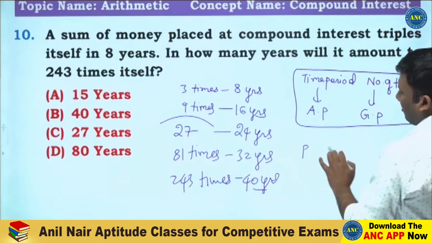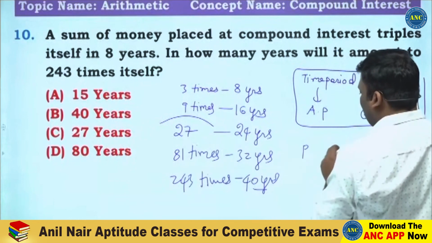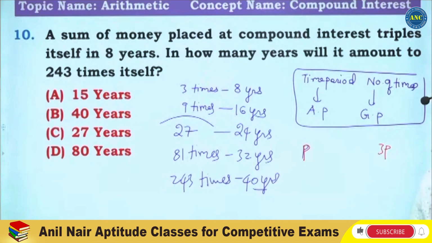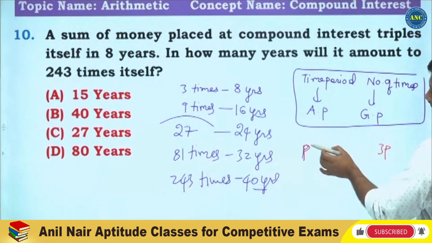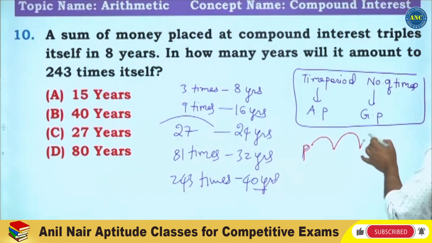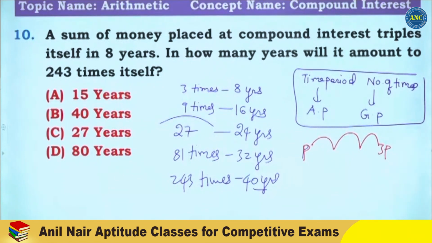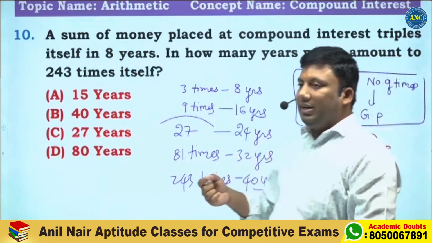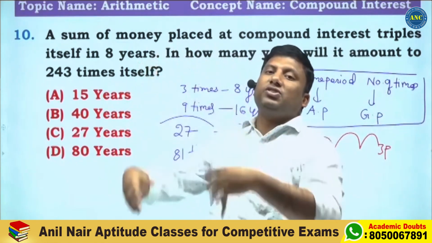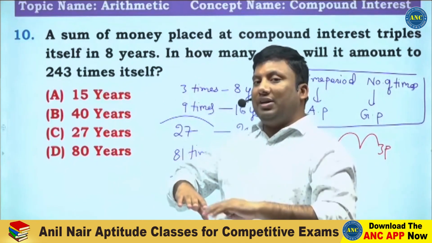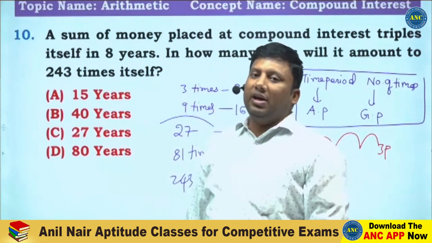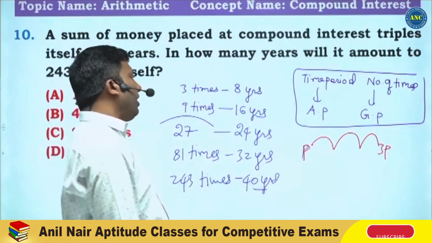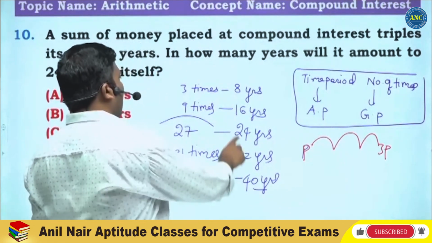If it is P, it becomes 3P in 8 years, and the amount becomes 3 times in every 8 years. So in compound interest, time period will be in AP and the number of times will be in geometric progression. I hope it is clear.